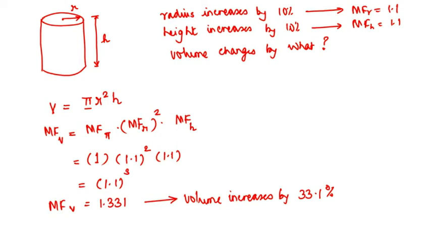Pi r square is the area of the circle, and the circle into the height gives you the volume. So my answer is a 33.1% increase. This can actually be done mentally, and that is what you should look for.